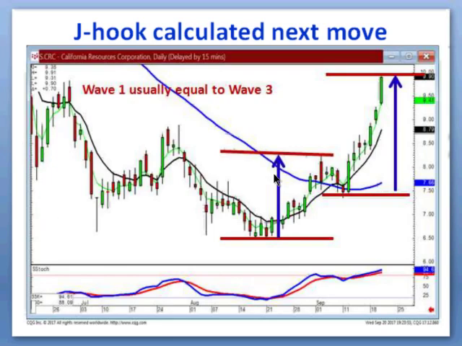Again, J-hook patterns give us those potential targets. That allows me to say, well, if I'm buying right here and I'm going to buy some options, I'd be better off buying some calls, selling some calls, because the leverage is much greater, and I'll try to show that here in a minute.